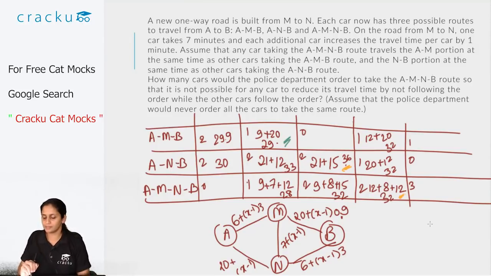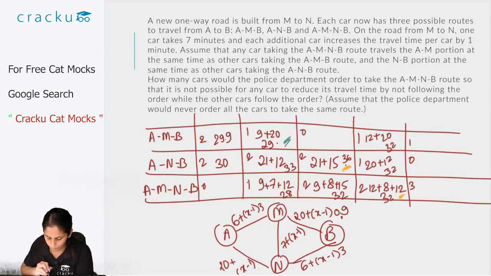In this case, since there are 4 people going from A to M, that is 6 plus 9, so that is 15 for all, plus this guy will take 20, so this is 35.